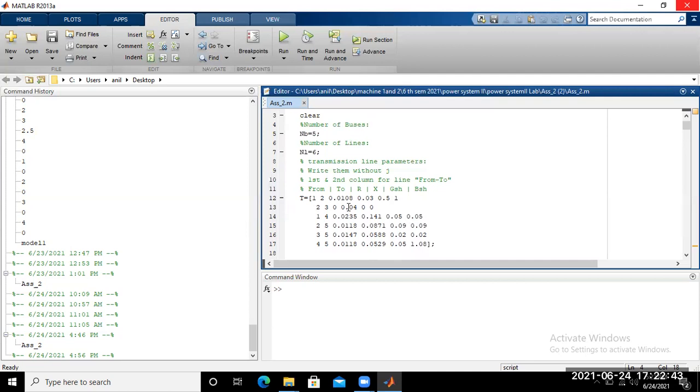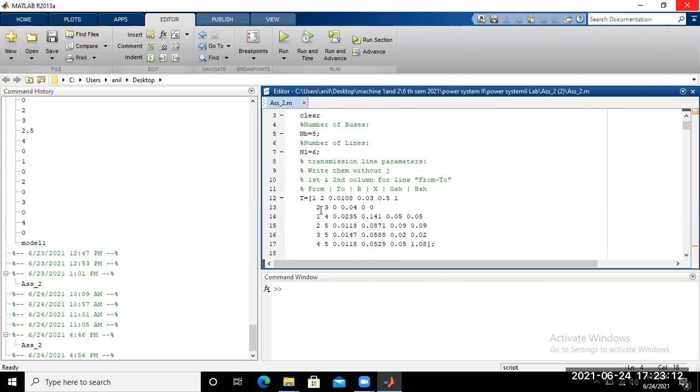That is from bus number 1 to 2, 2 to 3 and 1 to 4. So bus number 1 is connected to bus number 2 and 4 only. Is it not?